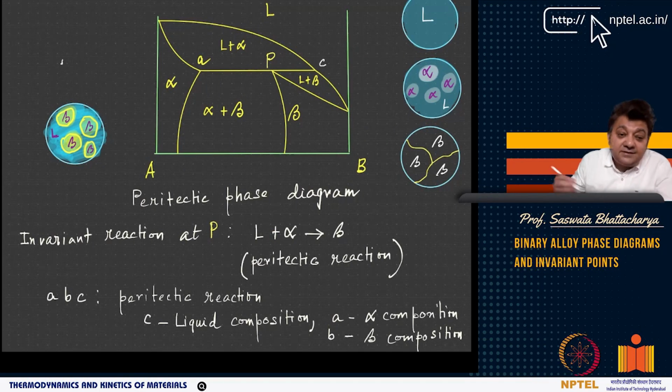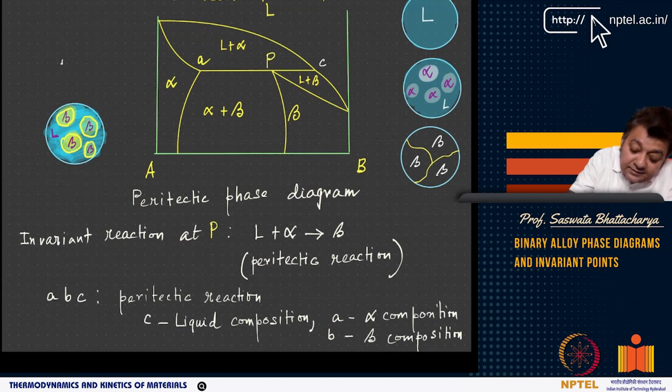Now we have another type of phase diagram, the type 3 phase diagram, where we have another type of invariant reaction, and that is called a peritectic reaction. Here you have liquid plus alpha.